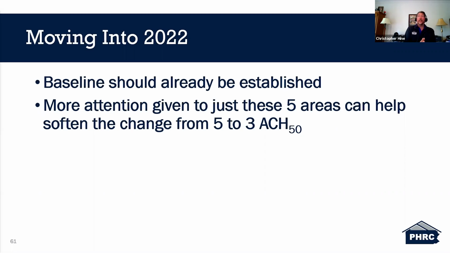It could have tested in at 4 ACH50, or it could have tested in at 9, because we weren't doing a blower door test on all of our homes. But since we've adopted and moved into the 2015, now we need to be doing that air infiltration testing through blower doors, the blower door test. We should all have a baseline and know where we are currently, so that'll help us moving forward into this transition into 3.